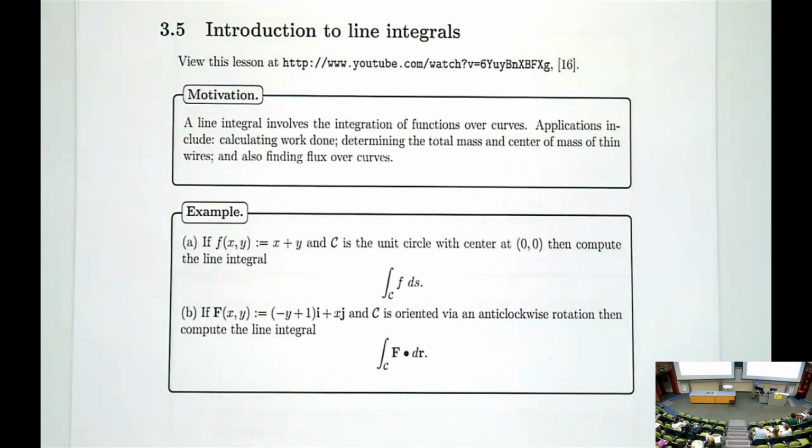This is the last thing we'll do today: line integrals. Line integrals is probably the last thing you'll see on lab test 1. It's the limit, up to and including line integrals. Let's go back to high school physics.